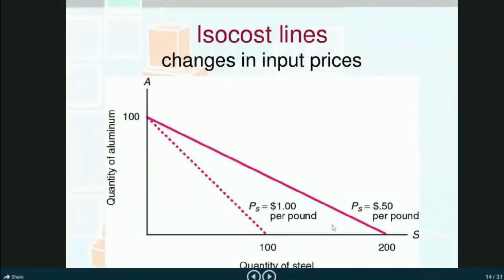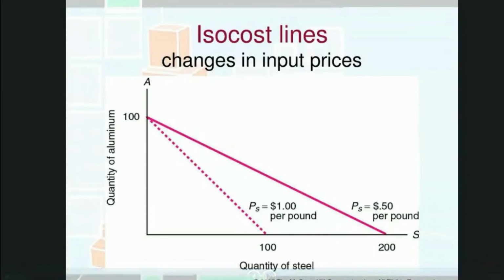Okay, isocost lines with changes in input prices. What happens to our slope if there is a change in the input prices? Our steel, its price is at $50 per pound. What happens to the slope if there is a price increase?